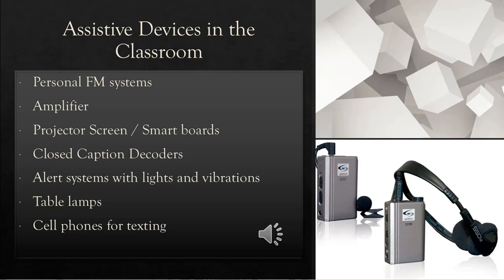Some of these resources include personal FM system, as pictured below, amplifiers, projection screens, smart boards, closed caption decoders, alert systems that have lights and vibrations, extra table lamps to provide better lighting, and cell phones or other devices to use for texting or typing messages.